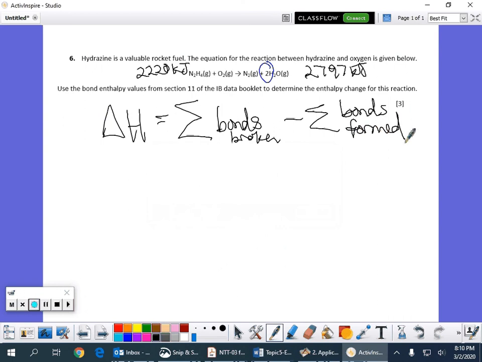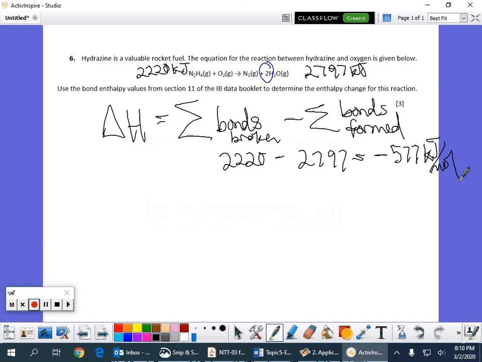Okay? And so that's going to give us 2220 minus 2797, which is going to end up with negative 577 kilojoules per mole.